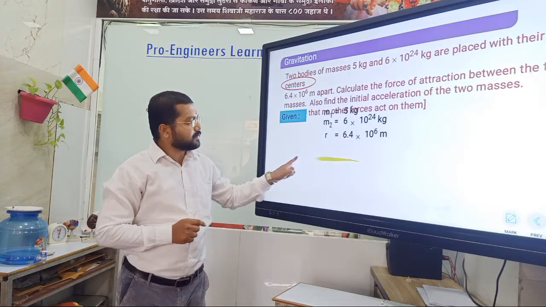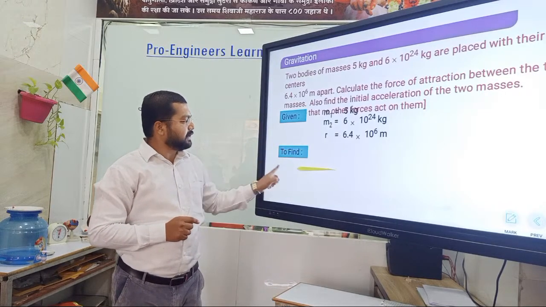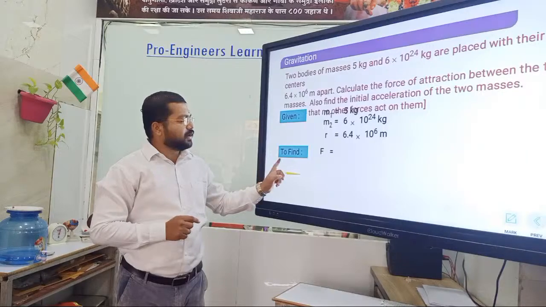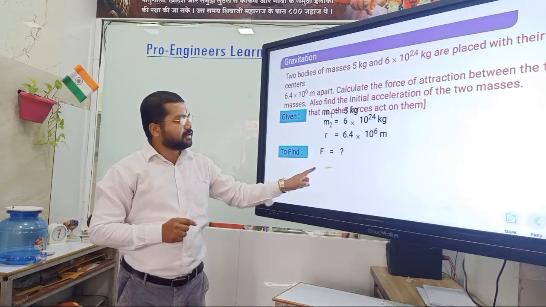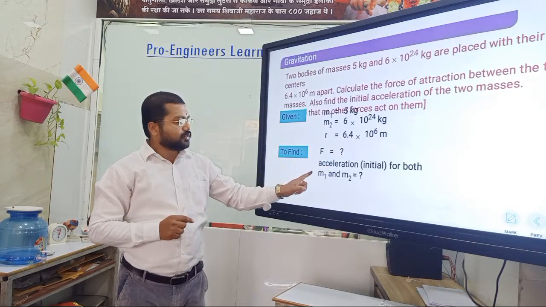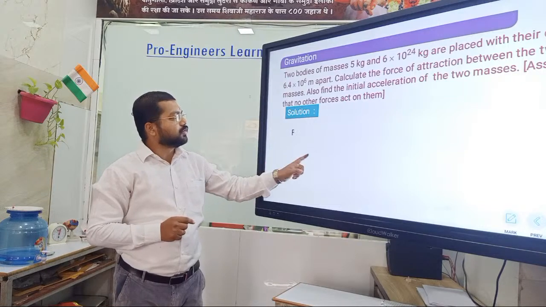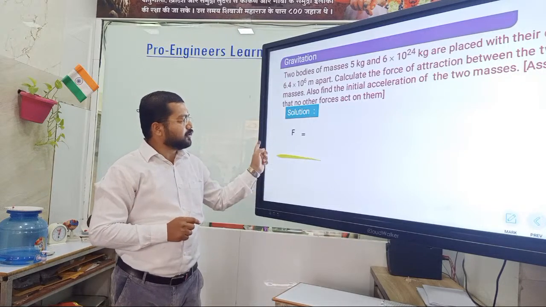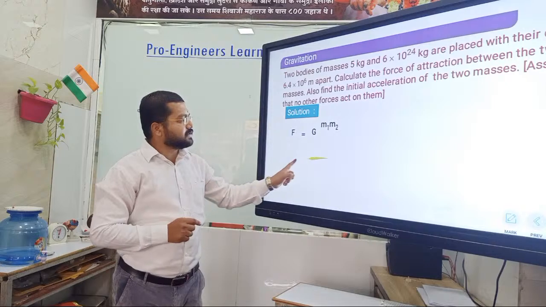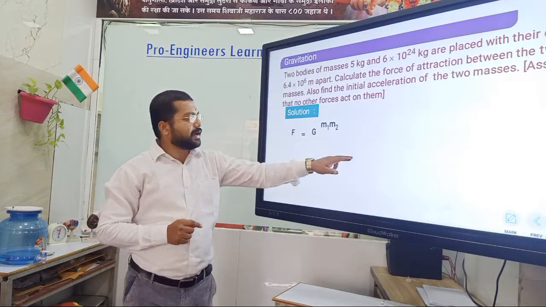Moving ahead, to find F, F is equal to capital G m1 m2 upon r square. So initially, what we will do, F is equal to, note down the formula, G m1 m2 upon r square.